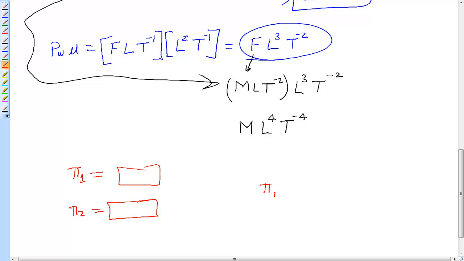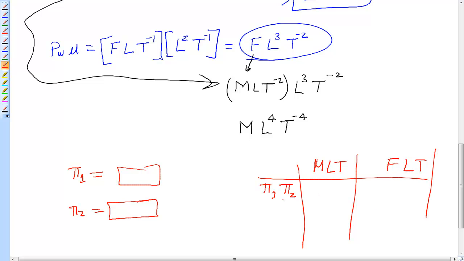And then someone may ask you to put a table together, and say that they wanted pi 1 and pi 2, MLT system, FLT system. The significance of what pi 1 times pi 2 is in material. The ability to move into the different coordinate systems, or sorry, coordinate representations, is the key here. So if you're able to do that, that would give you a good handle on the use of units.